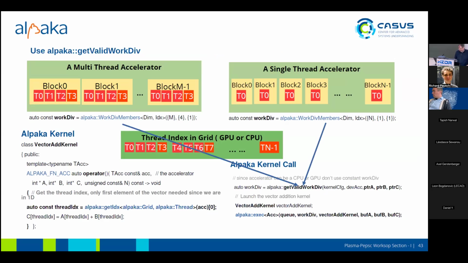There's an alpaka function called getValidWorkDiv, and it takes the kernel config instance, the device and the kernel arguments, but I will explain it later.